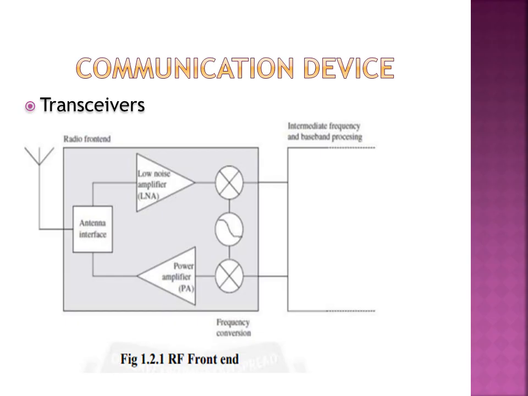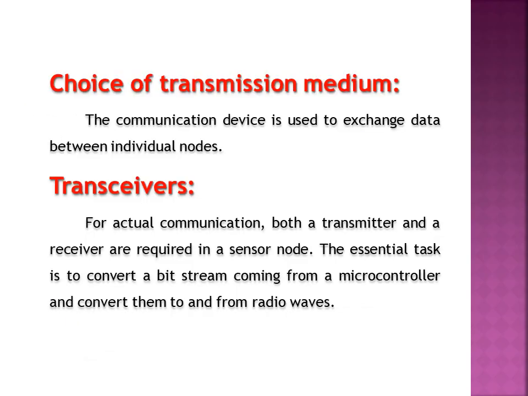Communication device. This is the transceiver device which can transmit and receive data. Choice of transmission medium. The communication device is used to exchange data between individual nodes. Transceivers. For actual communication, both transmitter and receiver are required in a sensor node.